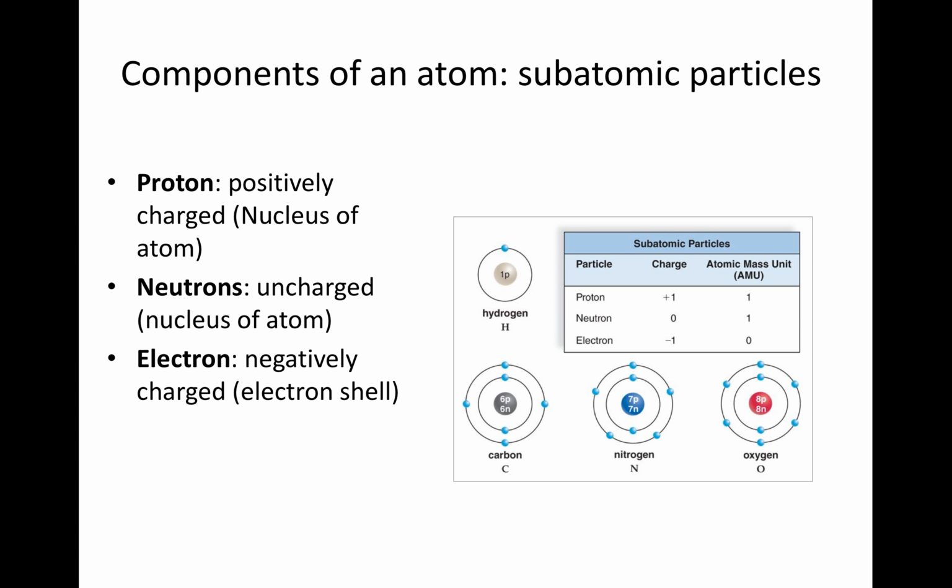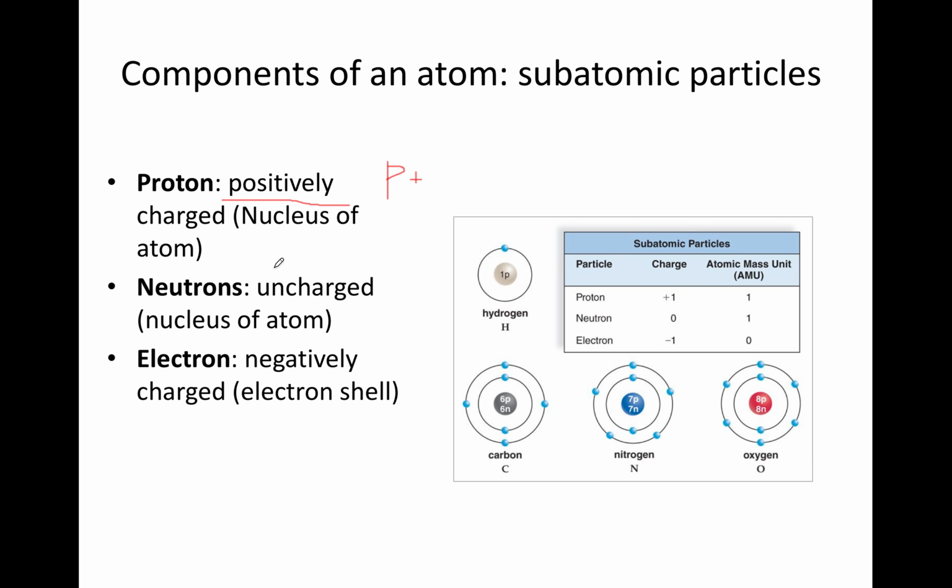If you look at atoms, there are three subatomic particles. Think about them as categories or components that make up an atom. These components include the proton, which is identified as a positive charge, so I always say P for positive.